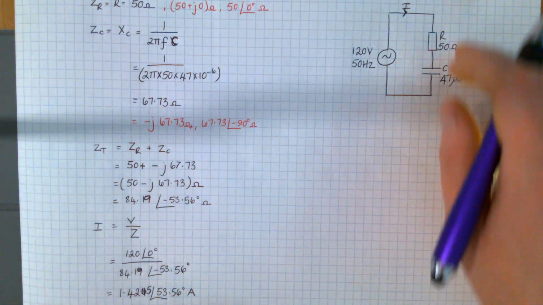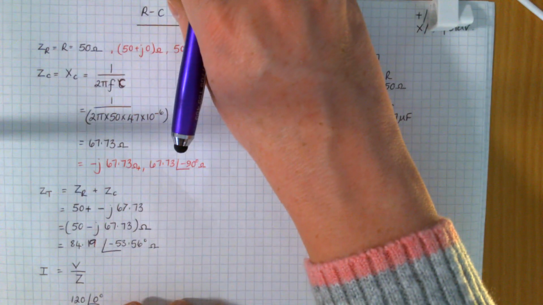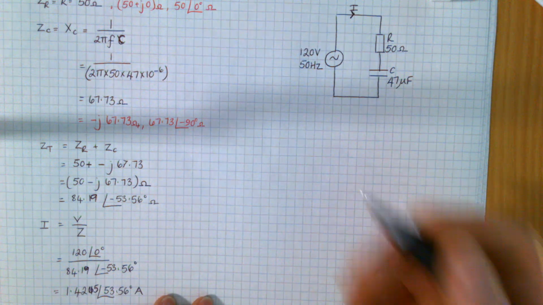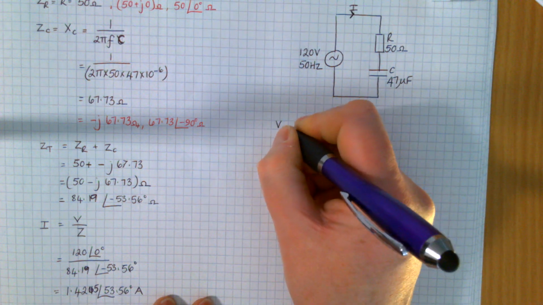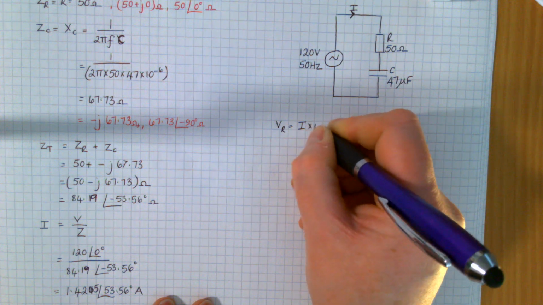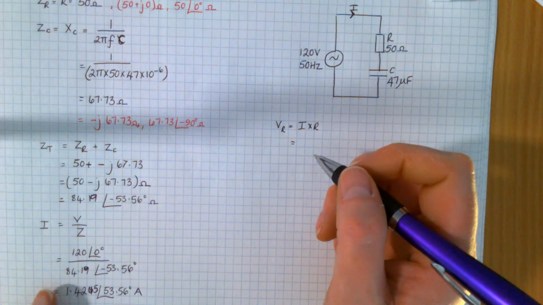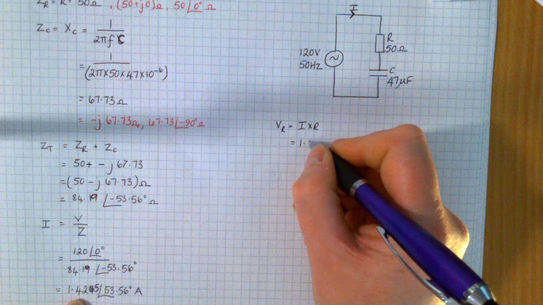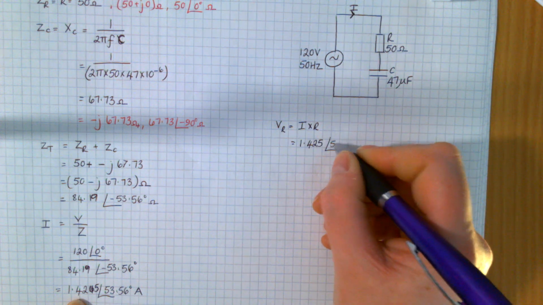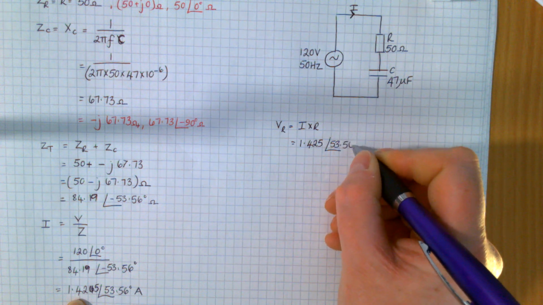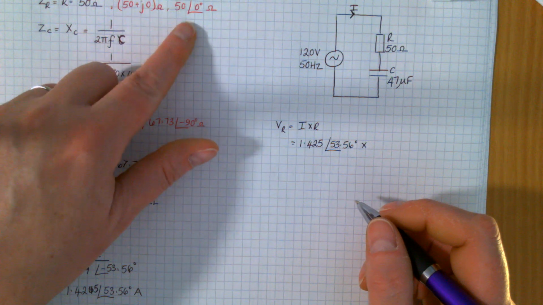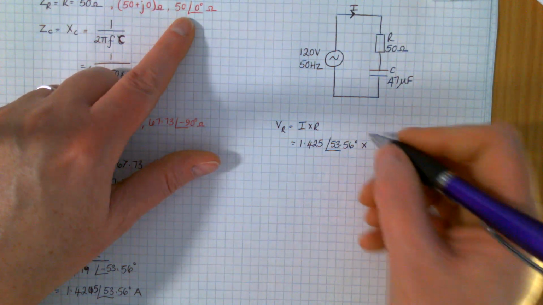Okay, so we do our voltages now. So my voltage across the resistor, V equals IR. Just take the current that we've just worked out, times your resistance in polar form, which is that up there.